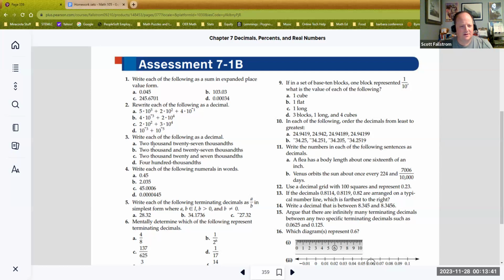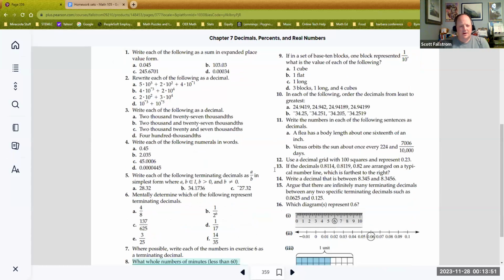So 3A says, 2,027 thousandths. So notice, look between A and B. There is a difference between these two, and it's this word right here. One of them has an and statement.